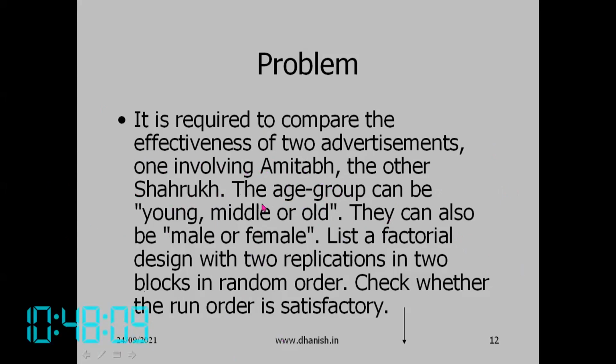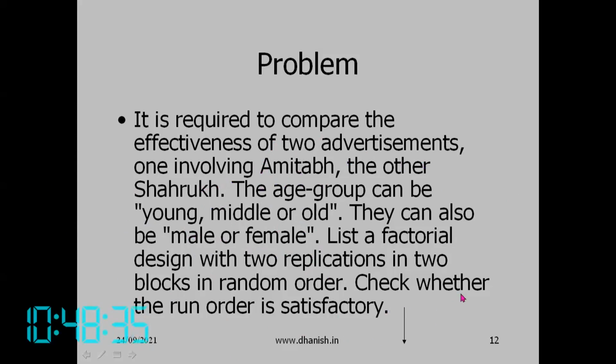Your problem will be to list a factorial design with 2 replications in 2 blocks in random order, and check whether the run order is satisfactory. So the factors are advertisement, which is Amitabh or Shah Rukh; age group, which is young, middle, or old; and gender, which is male or female.